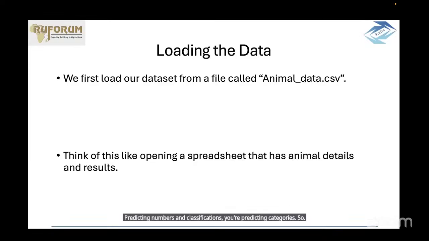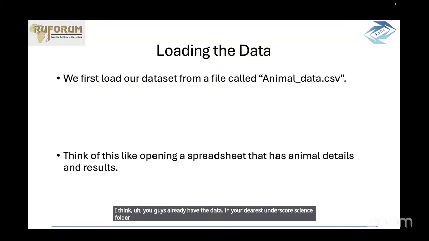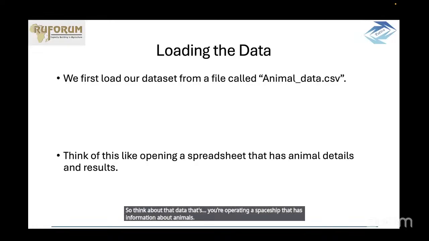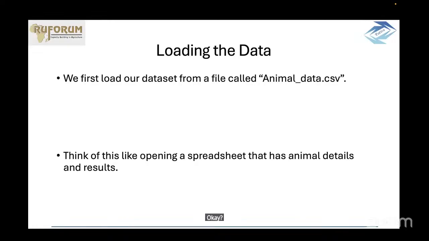For this, especially the regression part, we're going to use this data set called animal_data.csv. I think you already have the data in your data_science folder. Think about that data as opening a spreadsheet that has information about animals with different details.